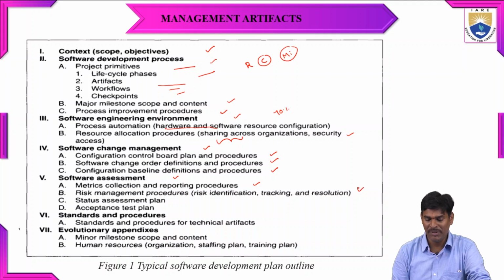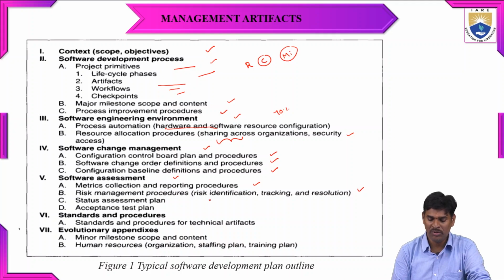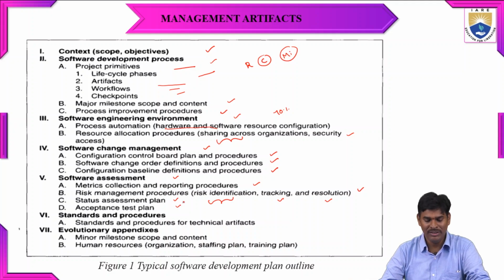And there are risk management procedures, where the risk will be low, medium or high. They need to verify what type of risk identification it is, how they are going to track it and how they can resolve this risk. And the status of the assessment plan. Finally, they need to accept the acceptance test plan here.